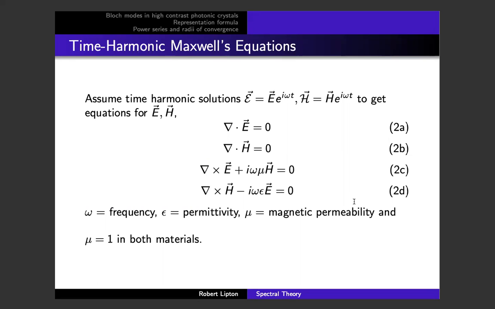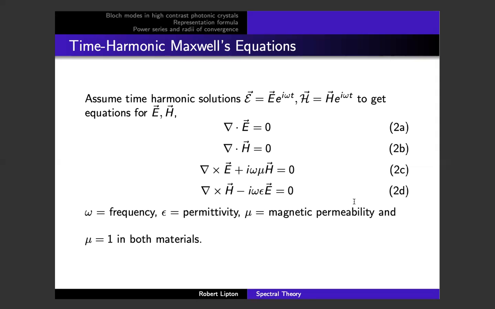We plug them into Maxwell's equations. We factor out the e^{i omega t}, and we get what are called the time harmonic Maxwell equations, given by 2 A through D. And again, now we have a frequency. And then we have our magnetic permeability, which is the same in both materials, and then the permittivity that can change.